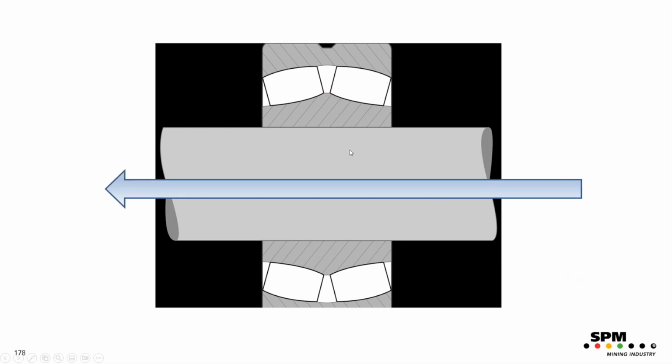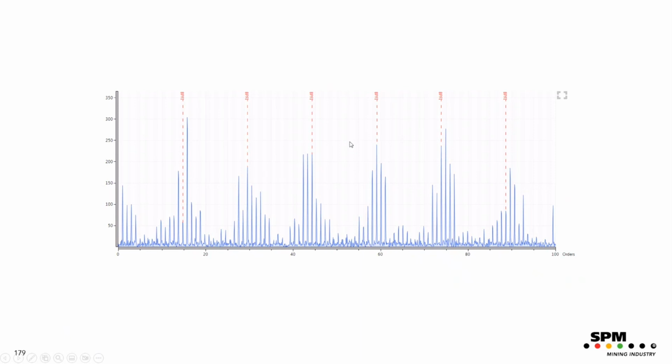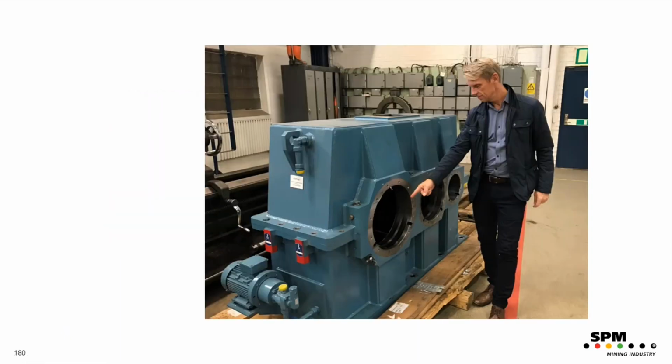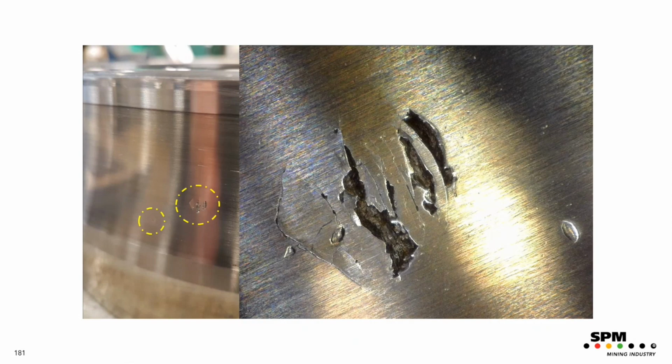And this is how the reading looked like just before the replacement. The gearbox was opened up, and when you look on the bearings, there were very, I'll say, nice spalls on the inner race like that.